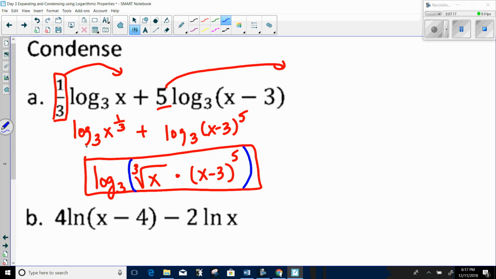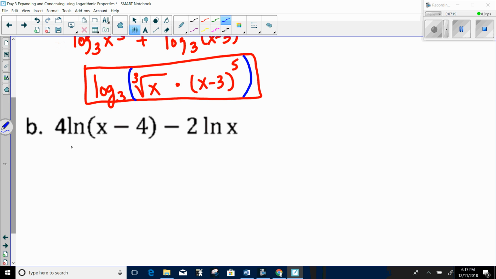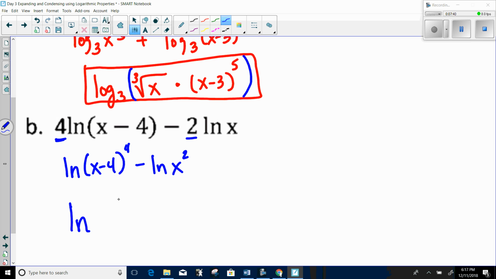Okay, same thing on the next one, b. First thing I'm going to do is take that 4 and move it up, so that's going to become natural log of x minus 4 to the 4th power, minus, take this 2 up, so that's going to become natural log of x squared. Now we have division. Subtraction means to divide, so this goes to natural log of x minus 4 to the 4th power over x squared.